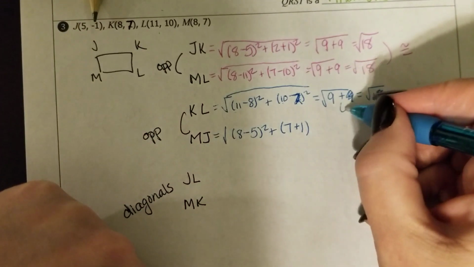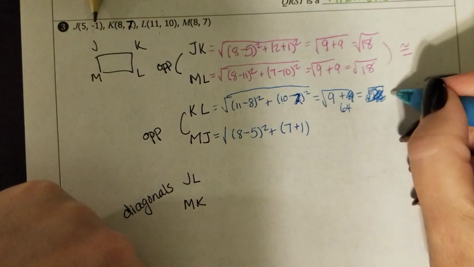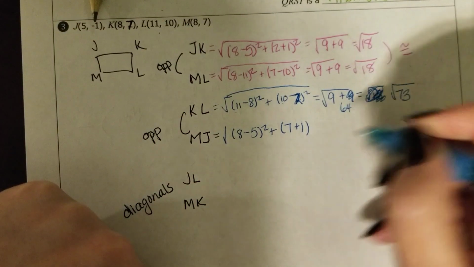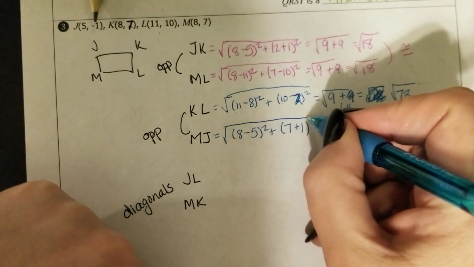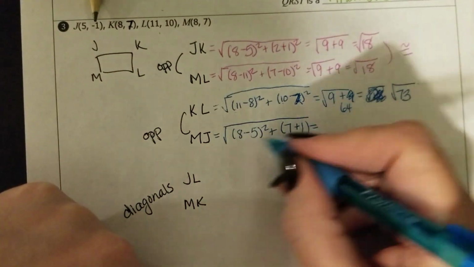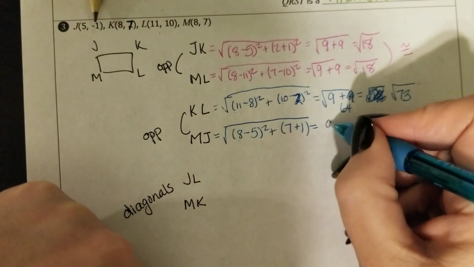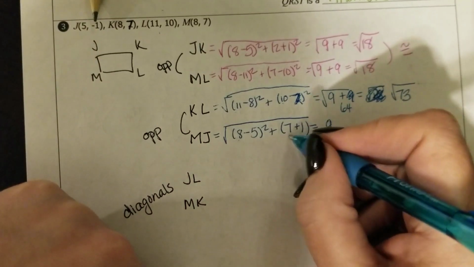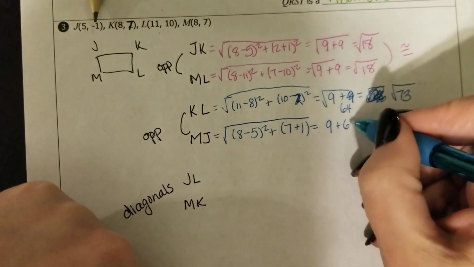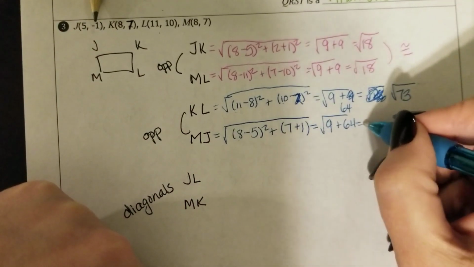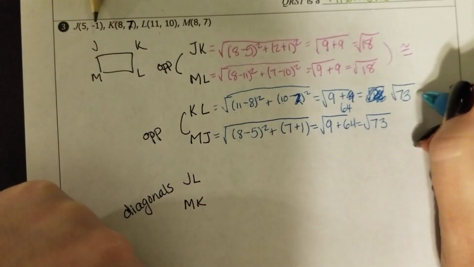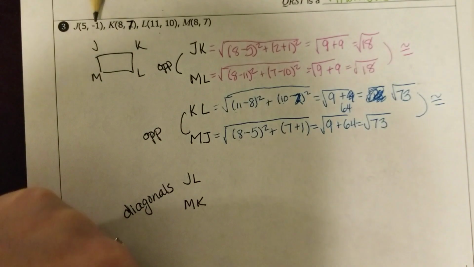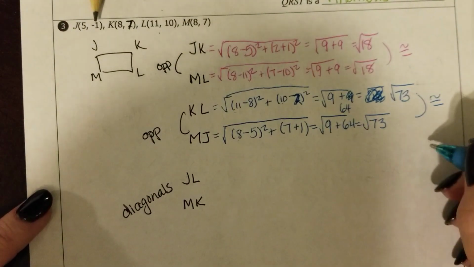Okay, sorry about that. Looking at the wrong answer key. 8 minus 5 is 3. That's 9. 7 plus 1 is 8. 8 squared is 64. And we have the square root of 73. These are also congruent. So we do know that we have a parallelogram.